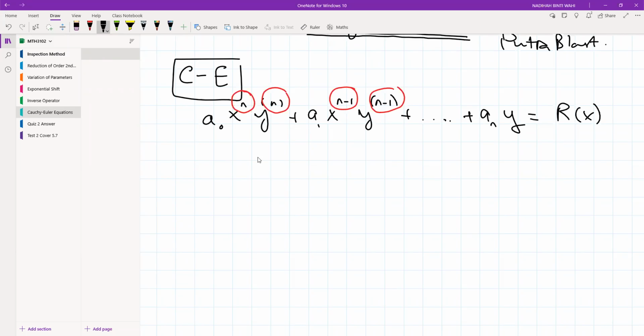So when we see this, we substitute x equals e to the z.